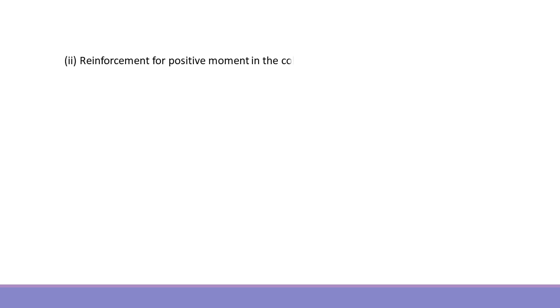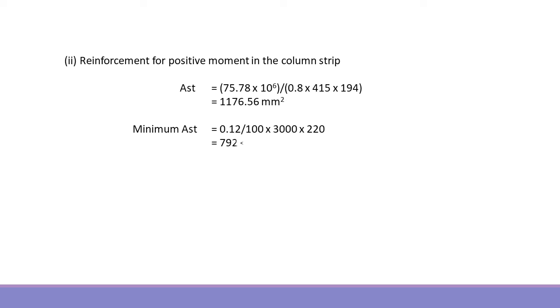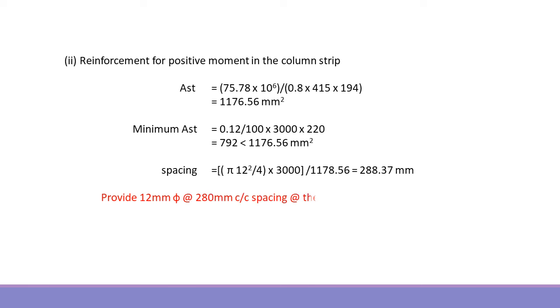Then reinforcement for positive moment in the column strip. So Ast is equal to Mu by 0.87 fy into d. So apply all the values, you got Ast is equal to 1176.56 mm square. So minimum Ast is equal to 0.12 percent of b into d. So spacing is the same formula, pi d square by 4 into b divided by Ast, which is equal to 288.37 mm.